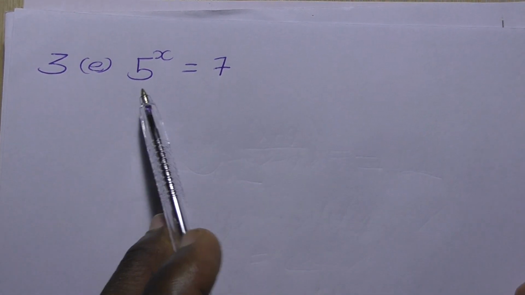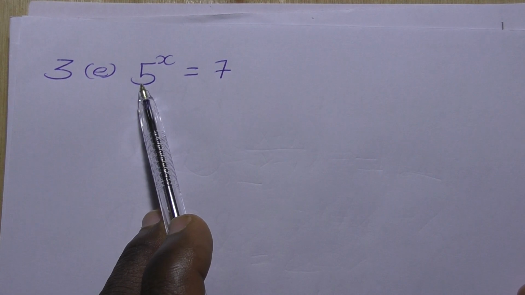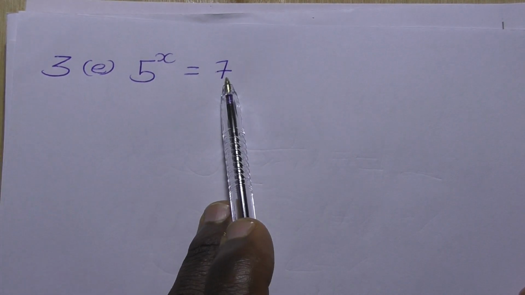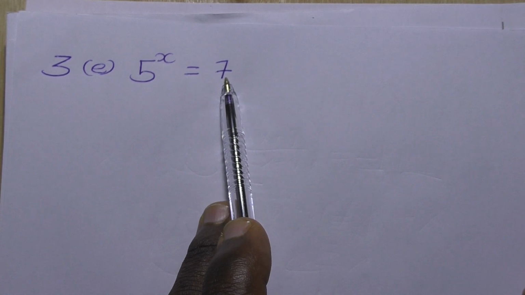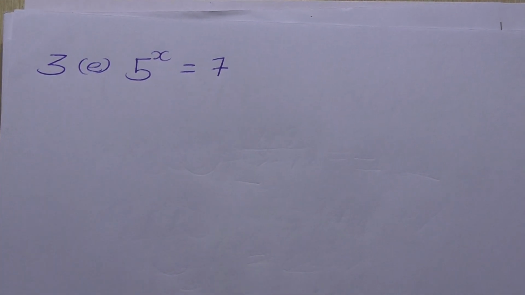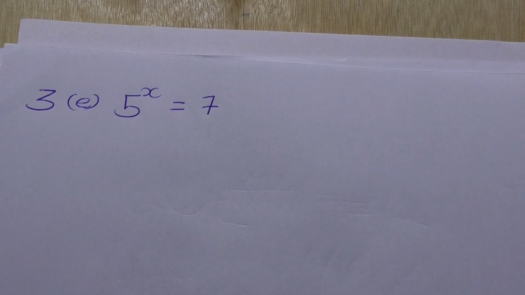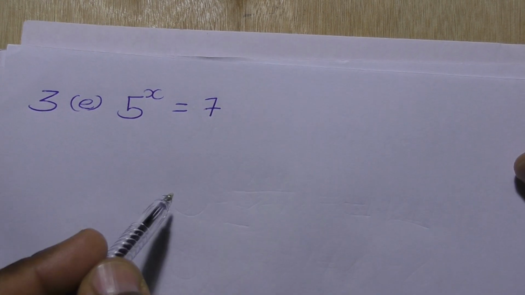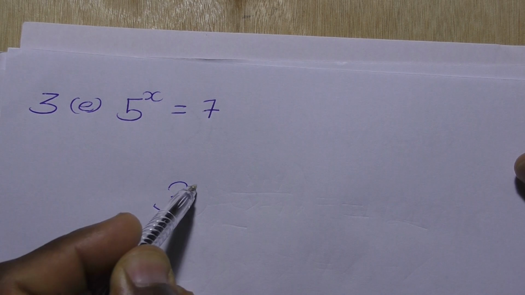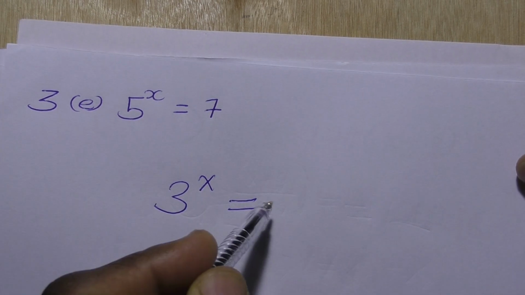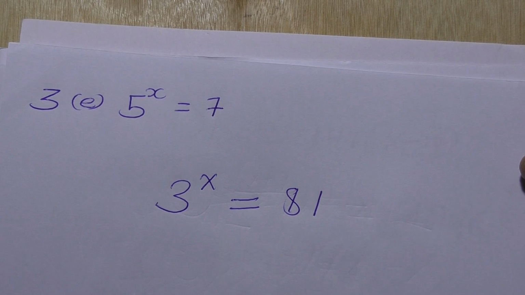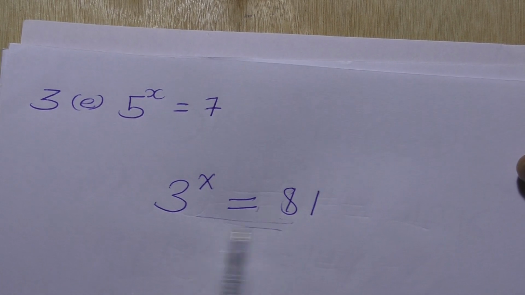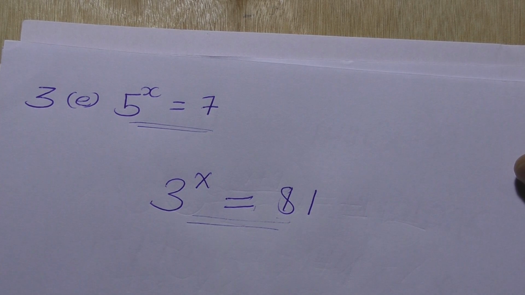Assuming the base 5 and 7 were to be simplified to a common base, then we could use indices. Let me set an example of what I'm talking about. For instance, if we have 3 power x equaling to 81, this one is in the same format just like our number.